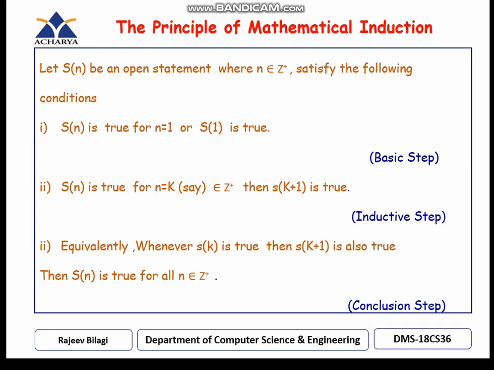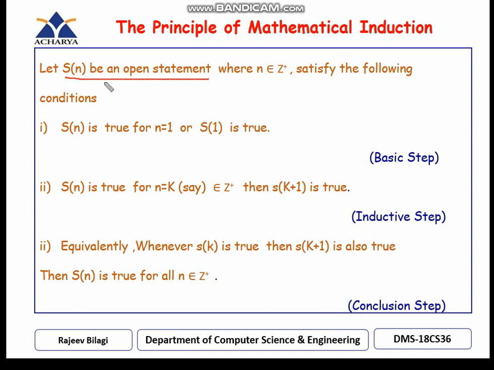This is going to work in three different steps. First, let us assume that S of n is an open statement. We have understood what an open statement is, when that particular open statement will be true or when it will be false, in the previous section.